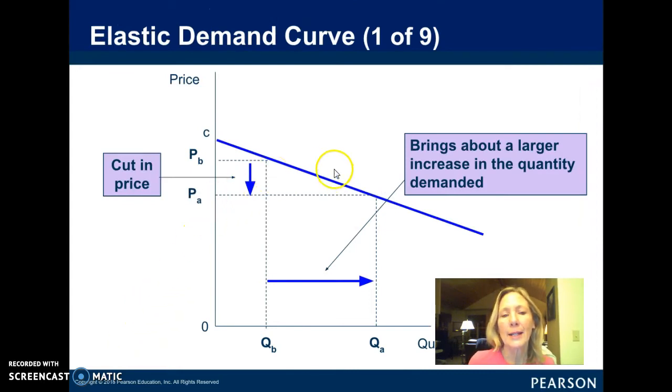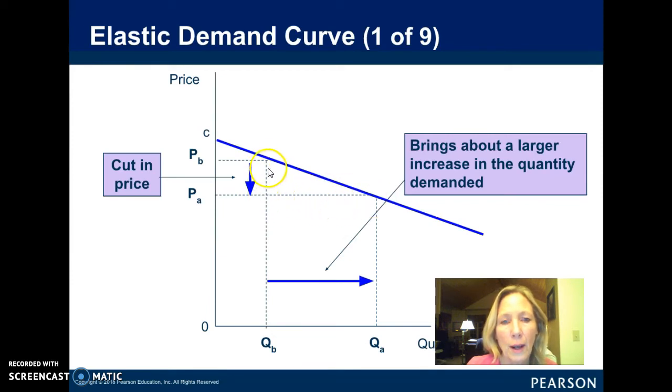Okay, so this is an example of an elastic demand curve, that very gradual slope. So I think it's kind of fun. So if you see that your price decreases, I don't know why they have the letters the way they are, but your price decreases. So you go from point B to point A, you can see that the change in price is less than the change in quantity demanded.